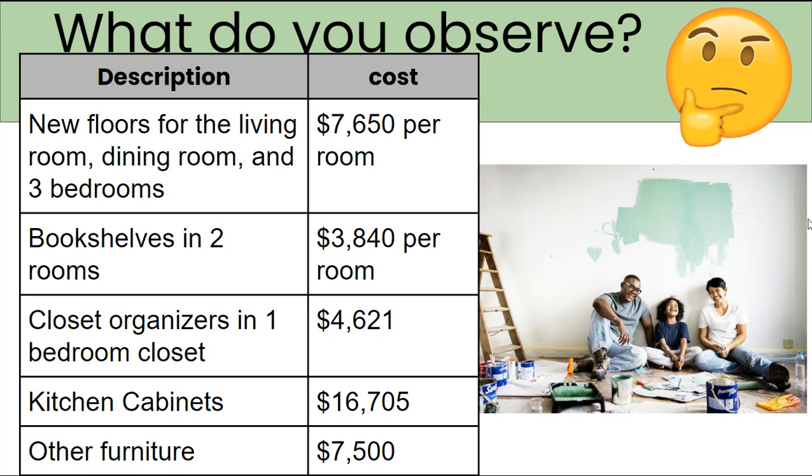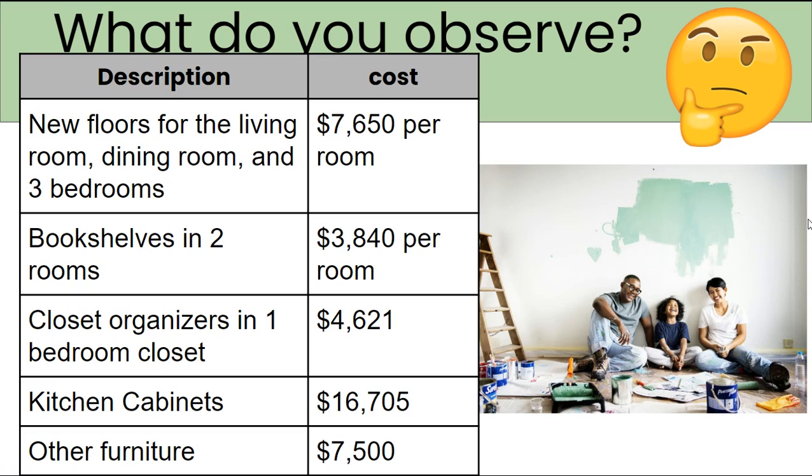New floors, bookshelves, closet organizers, kitchen cabinets, new furniture. Each of these items was going to cost a certain amount of money to be done. So the family, when they were talking to the contractor, they needed a quick way of calculating how much all of this work might cost them. That way they could decide if they wanted to continue the conversation or not.